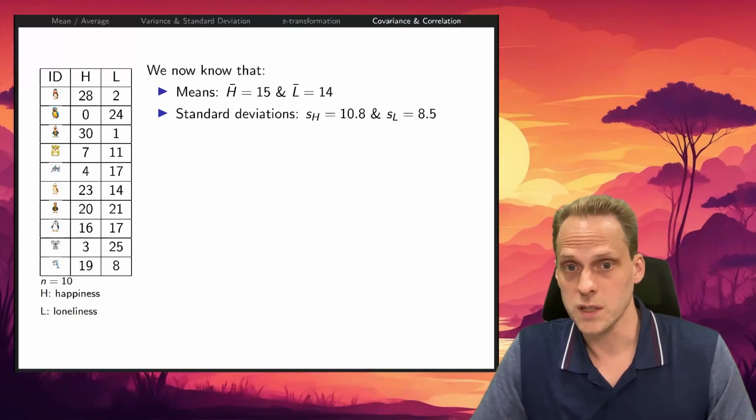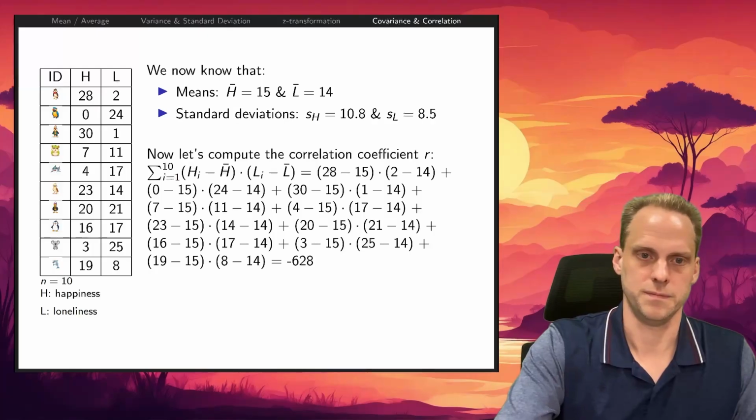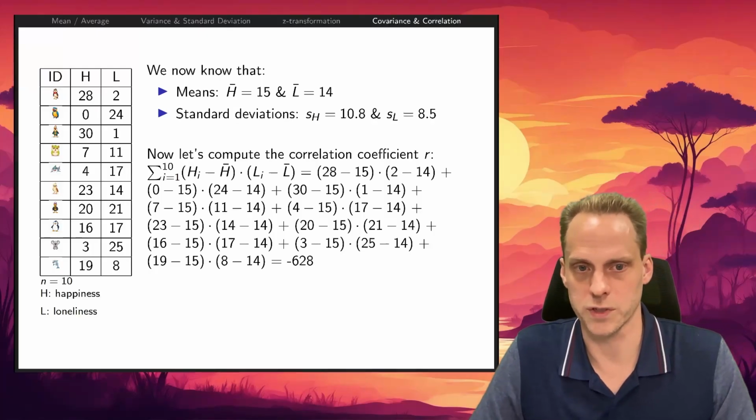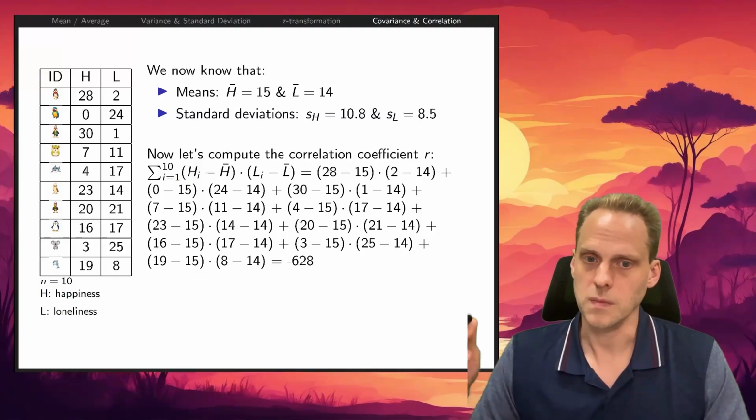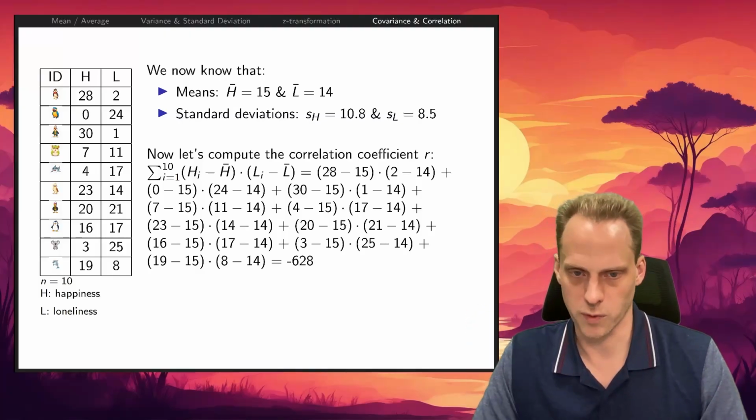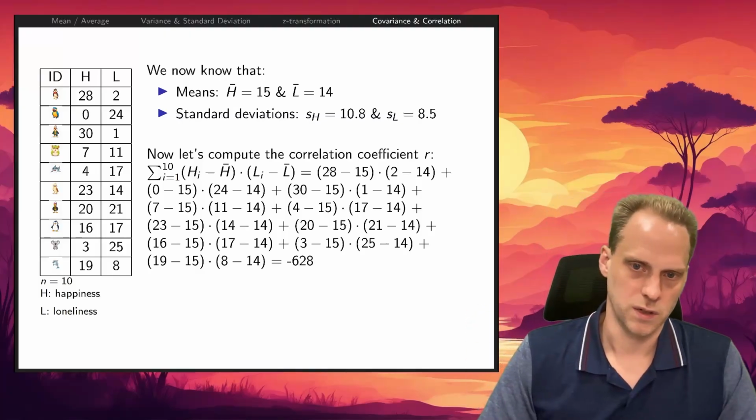So now we know the means, we know the standard deviations. Let's compute the correlation coefficient. Whoa, that's a lot of numbers. It takes a while, right? So maybe write them down nicely. You can write them all in one line, but you can also write them below each other.